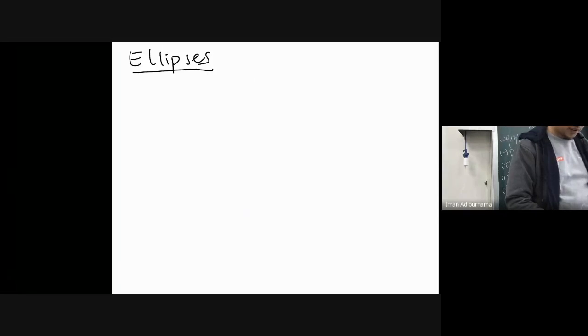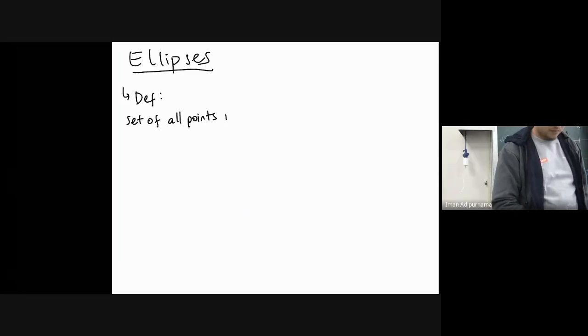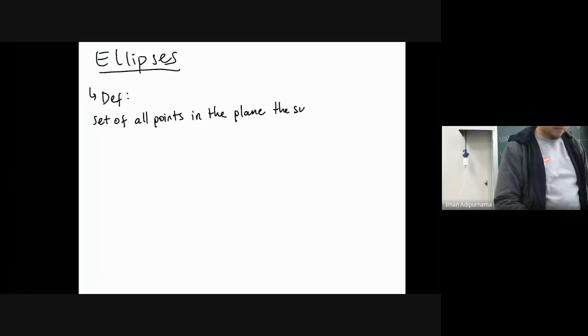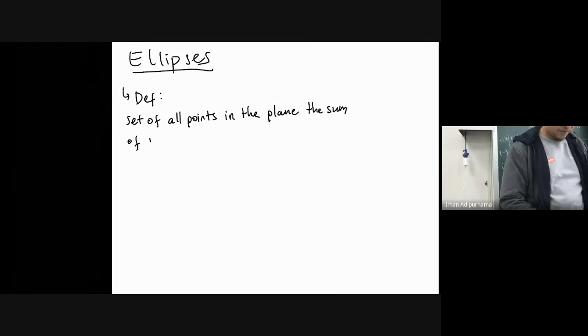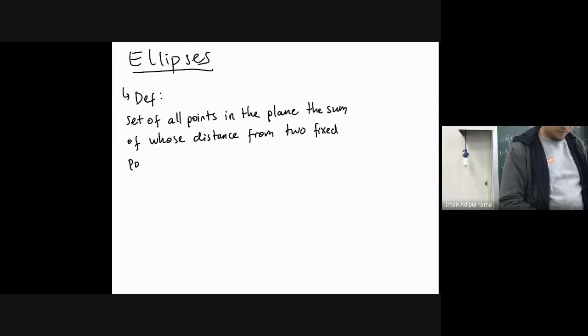Let me write the definition first. Definition: set of all points in the plane, the sum of distance from two fixed points, let's say F1 and F2, is a constant.